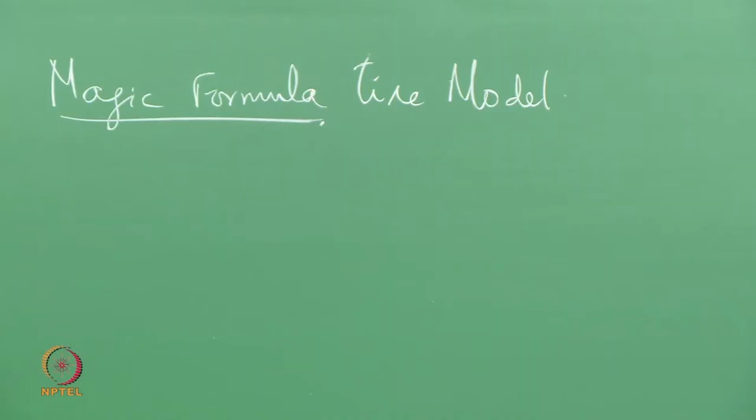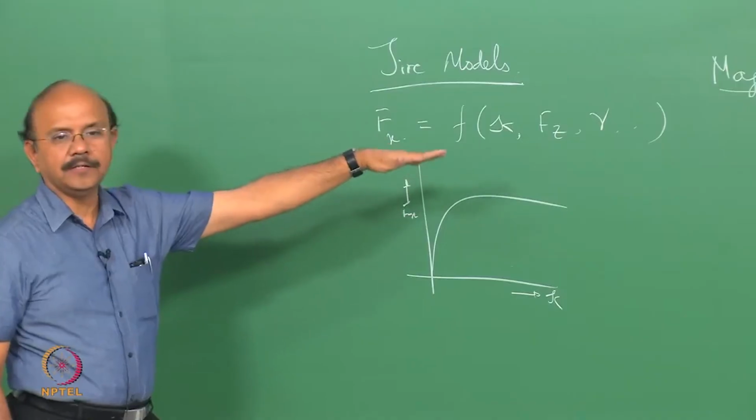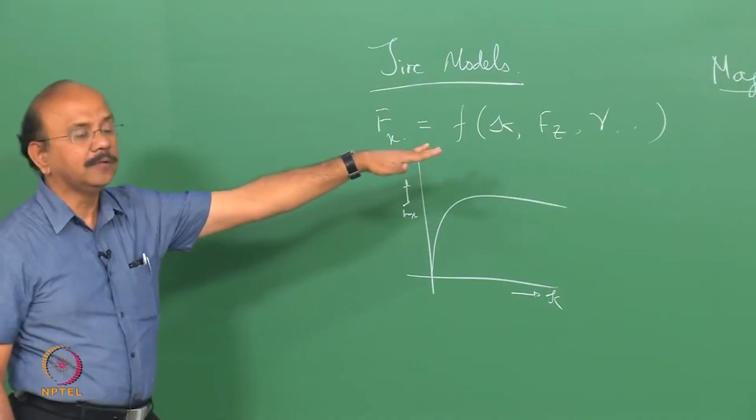A bit of history. This is one of the greatest contributions of Professor Pacejka, who's the forerunner in the whole of tire mechanics, and he has a very interesting book which I've already pointed out.